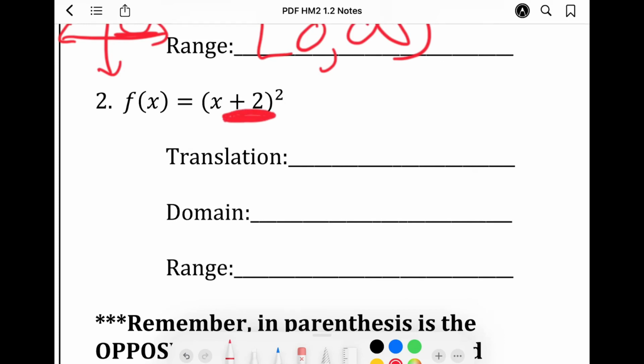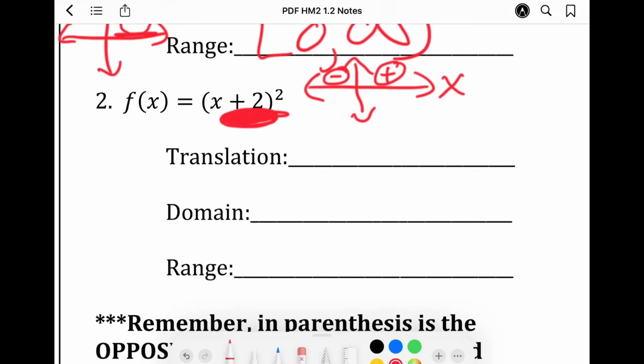Moving on to number 2. So we have a positive number on the inside with the x's. So if we have our x-axis, all negative x values are on the left side. All of the positive x values are on the right side.